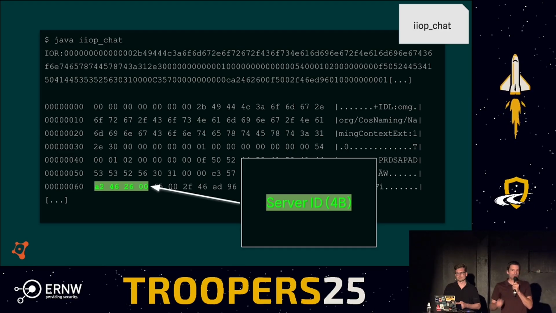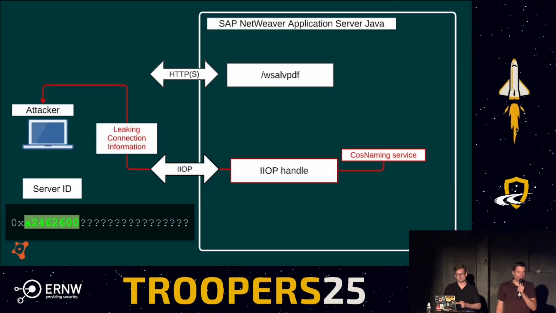This is not the same for all; it is different for all instances, but it's very easy to get. So server ID, it's easy. We send one request, we have the server ID. So that's the first part of the key.